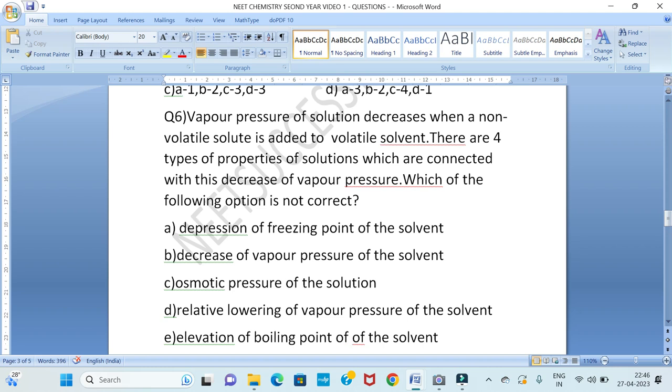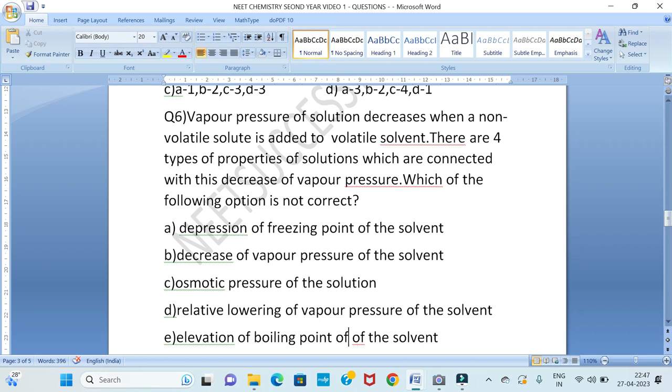A solute is a substance that can be dissolved into a solution by a solvent. That is the definition of solute and solvent.